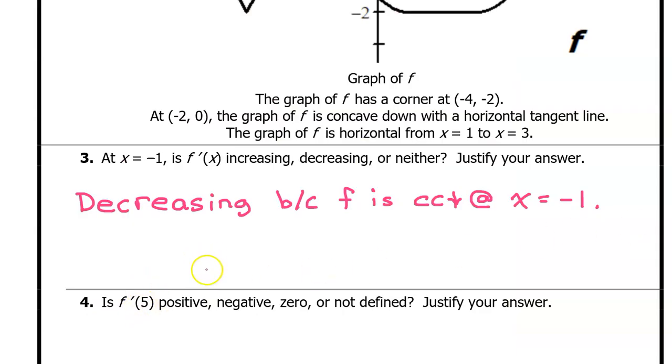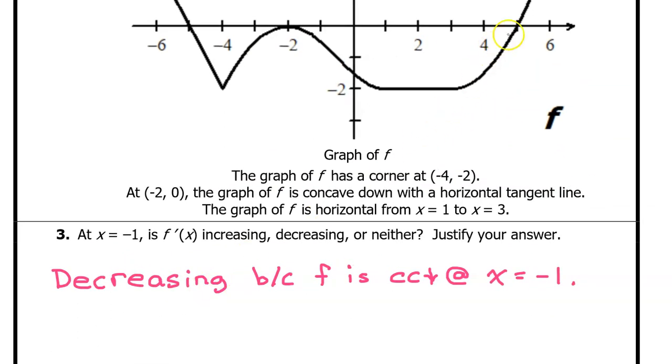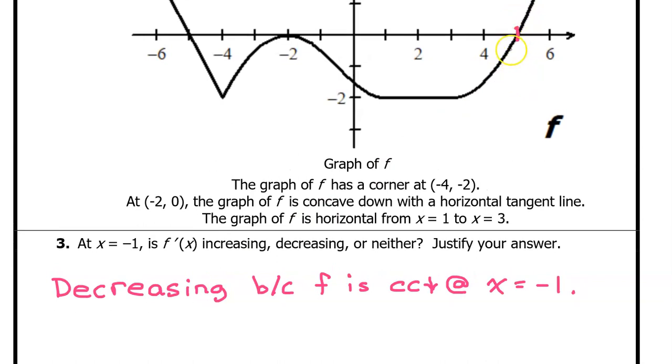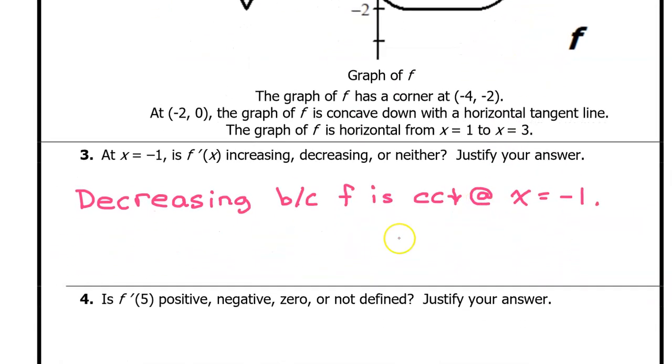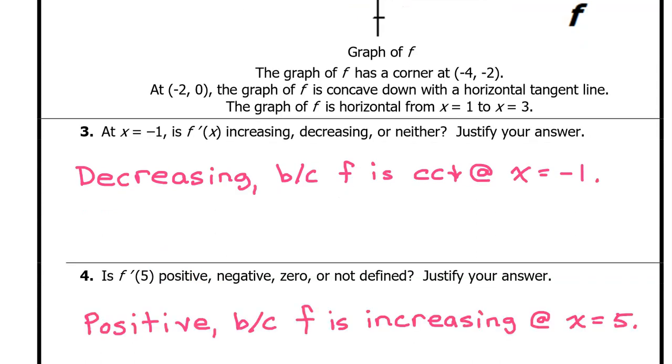At x equals 5, which is right here, we see that f is increasing. Therefore, f prime is positive. Let's justify our answer. We would say positive because f is increasing at x equals 5. And this is really the only acceptable justification.